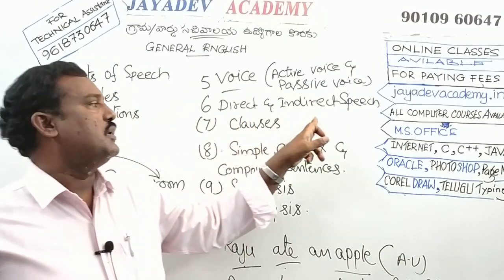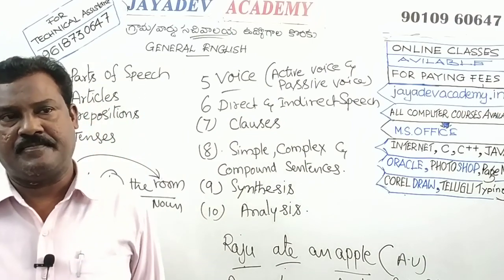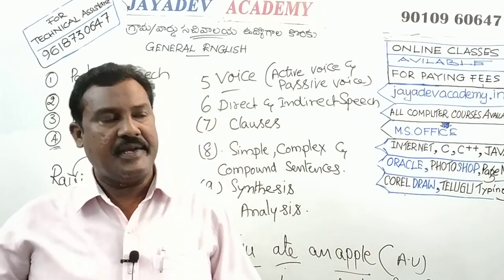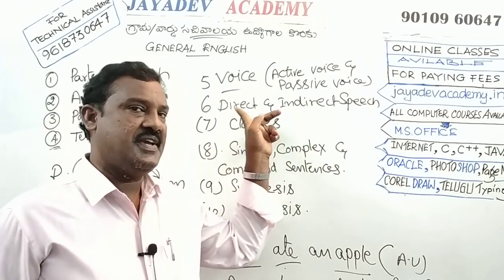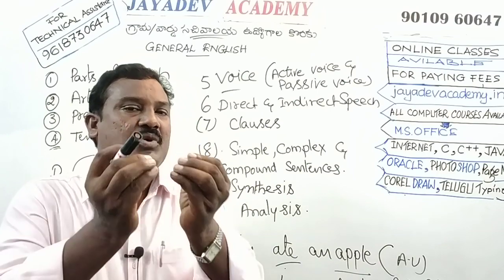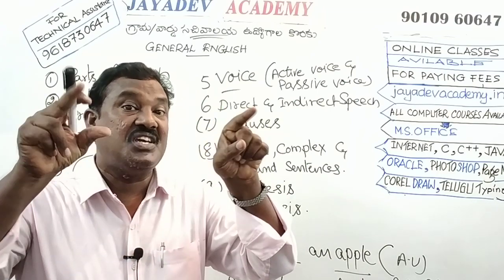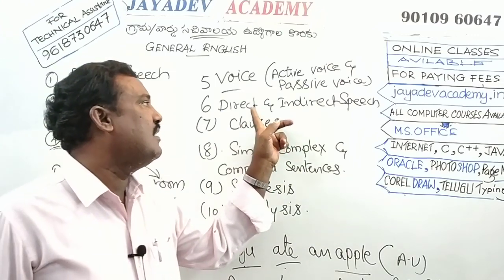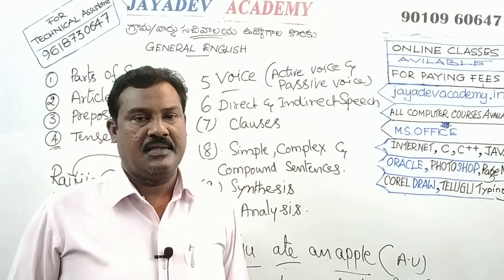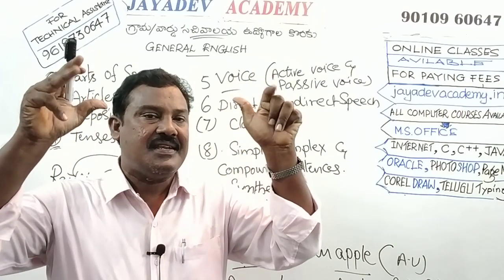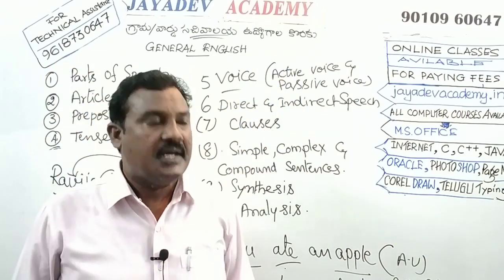Now come to direct and indirect speech. What is meant by direct speech and what is meant by indirect speech? Direct speech means the words that come from the mouth of the person. If you keep them between inverted commas, that is called direct speech. That means exactly what the person says, that sentence we have to keep between inverted commas.